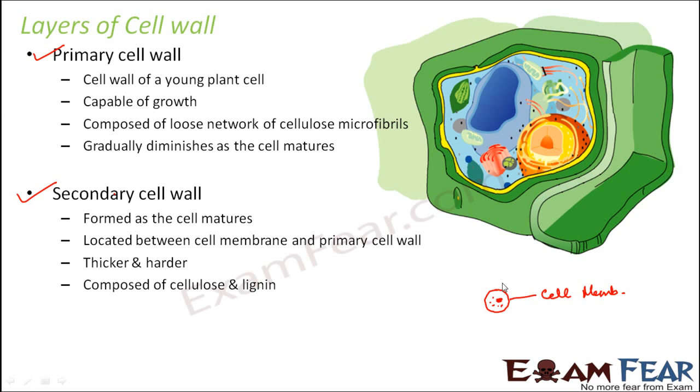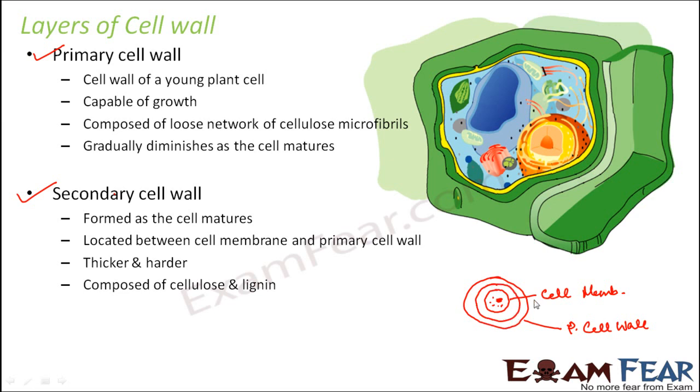Now outside the cell membrane, you have cell wall. When the plant is young, this is nothing but your primary cell wall. Now as the plant is growing, this primary cell wall will give rise to secondary cell wall. So where is that secondary cell wall?